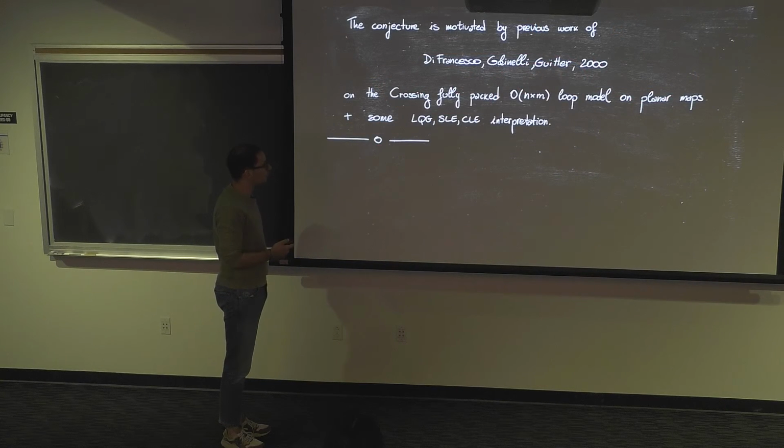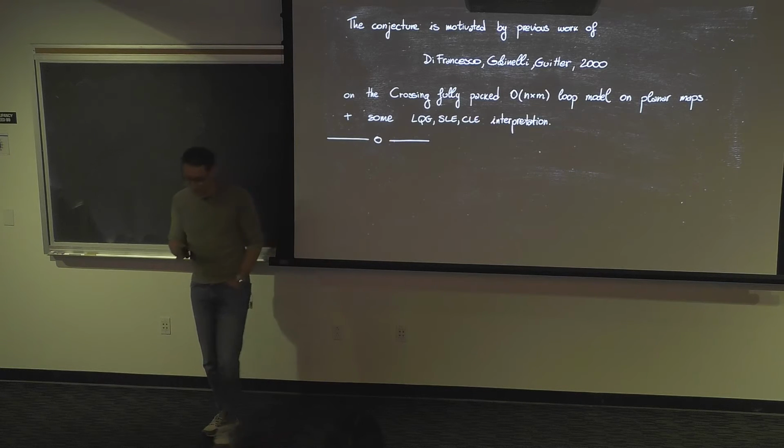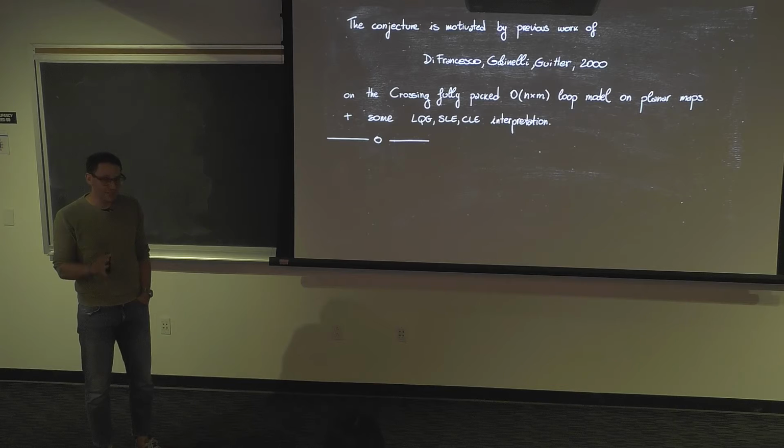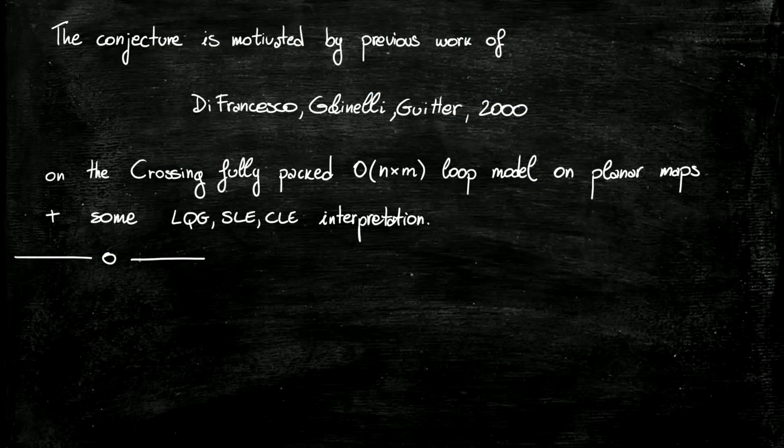OK, to be fair, this is just a rephrasing of work of DiFrancesco and co-authors about this crossing fully packed O(n) times m loop model on planar maps. So there is this paper around 2000 where they were motivated to give a conjecture for the growth of the enumeration of meanders.